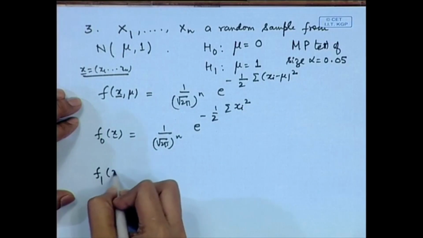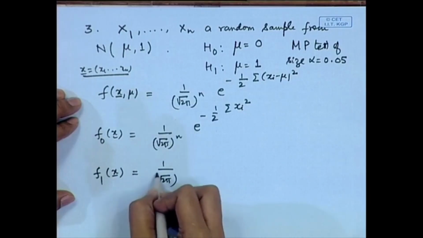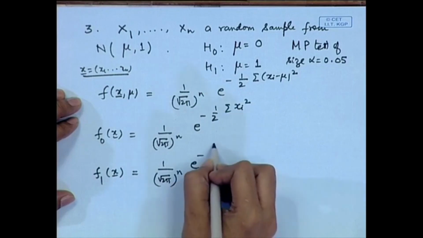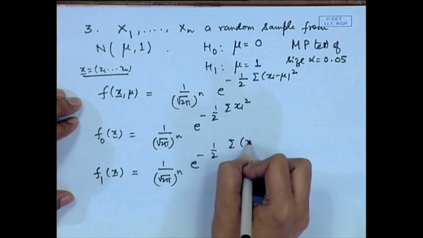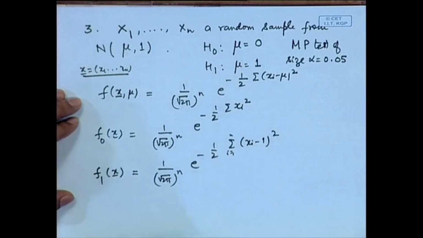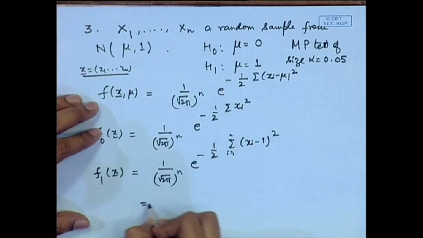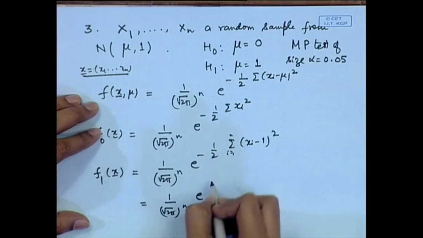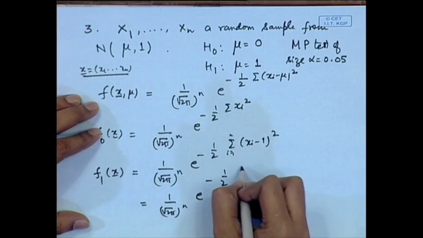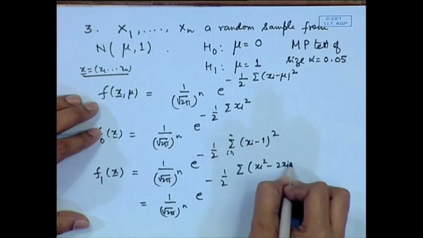In a similar way, f1(x) is equal to (1/√(2π))^n e^(−(1/2)Σ(xi − 1)^2). Now, this term can be simplified a little bit, we get it as (1/√(2π))^n e^(−(1/2)Σ(xi^2 − 2xi + 1)).